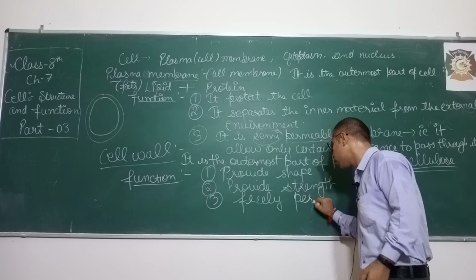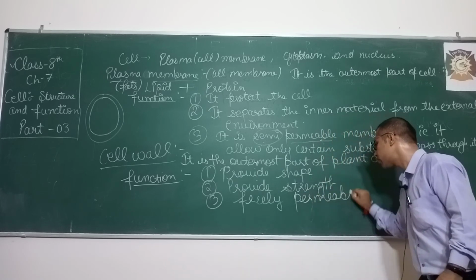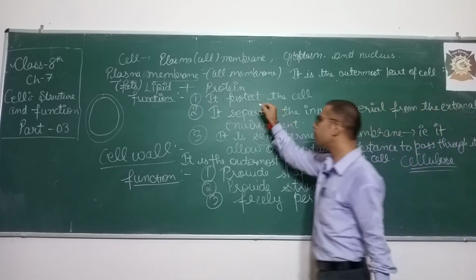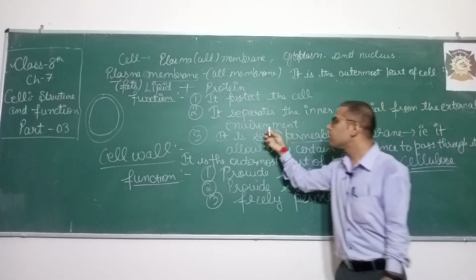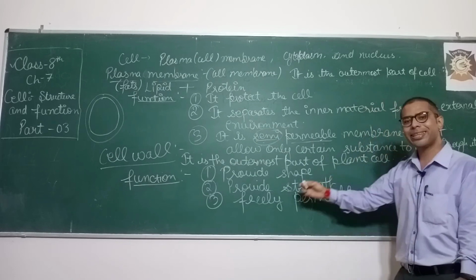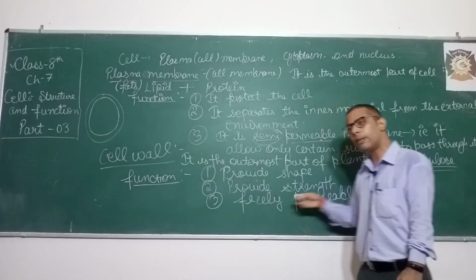Freely permeable. Students, we have studied above that the cell membrane is semi-permeable. Permeable means allow, and semi means some. But in the case of the cell wall, it is freely permeable.